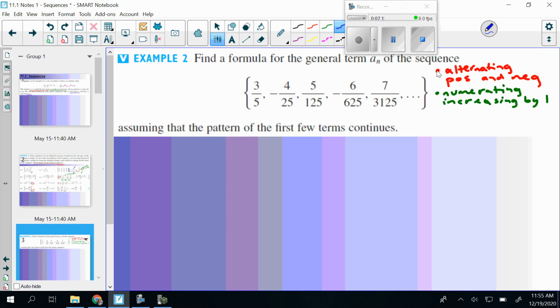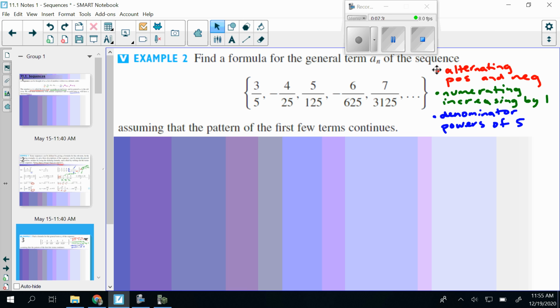You've got 5, 25, 125. Those are all divisible by 5, and it does look like in the denominator we're multiplying by 5. So in the denominator, they're all going to be powers of 5. So when we're trying to come up with that nth one, those are all things to keep in mind here.